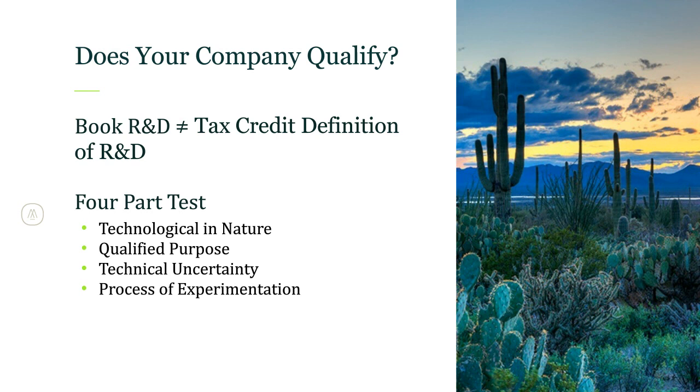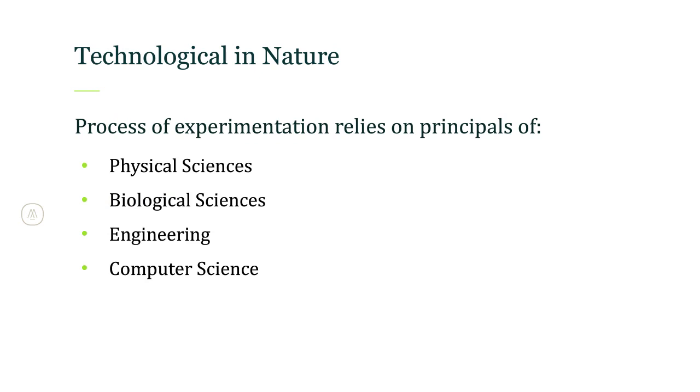So going into a little more detail on each of those. Technological in nature, that requires that the activities need to rely on principles that are based in hard sciences, whether that's physics, biology, engineering, all types of engineering, electrical, mechanical, and computer science is considered a hard science, and that's a very common one for the R&D credit.